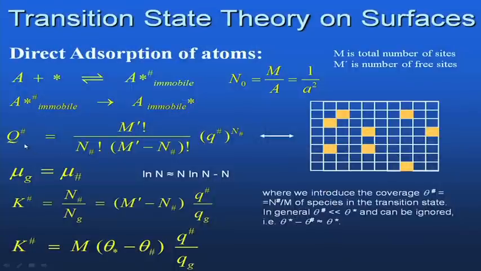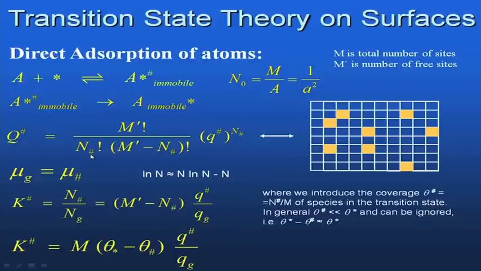So, the overall partition function Q double dagger is given by this expression, where m primed factorial divided by n, this is your activated, factorial into m prime minus n factorial, n double dagger factorial. So, this is your number of available sites, and this is the number of activated adsorbed sites.